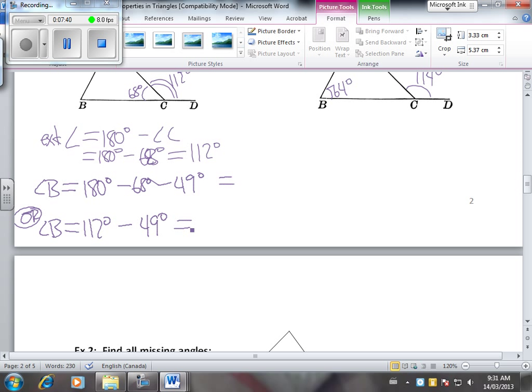And we will get that that equals 63 degrees, no matter how we found it out. Okay, so we can find it out using the sum of angles in a triangle, or the fact that exterior angles equal the sum of non-adjacent interior angles. Okay, so now pause the video, try to work out the second example, then come back and see if your answer is correct.